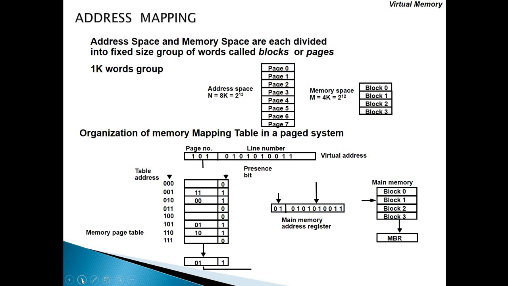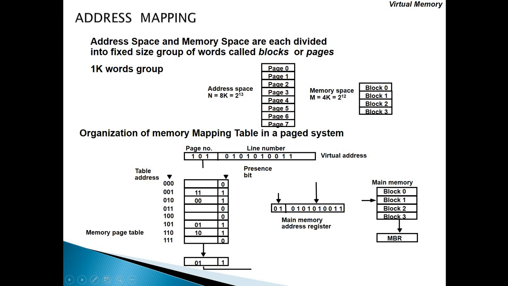The CPU is going to provide the virtual address, which is of 13 bits. The first 3 bits are page number, remaining 10 bits are line number. This particular page number is compared with the table address in the memory map table. Say for example, if the page number is 101, it will be matched with the table address. Then the relevant block number 1001 with the presence bit 1 is transferred here.